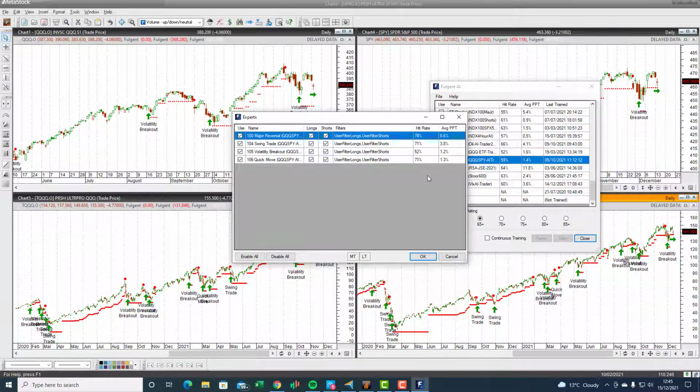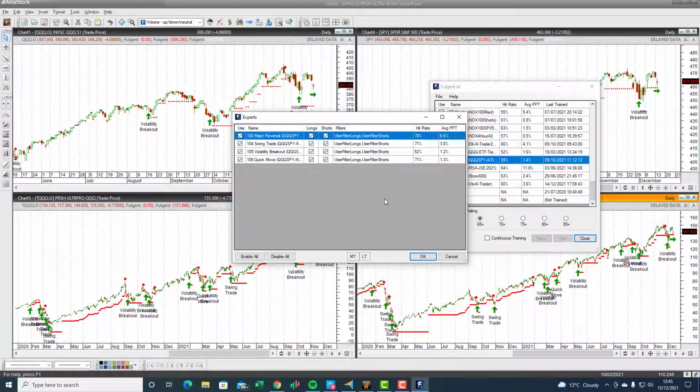The volatility breakout is about 52% accurate, with a 1.2% average profit per trade. The quick moves ETF trader is 71% accurate, with a 1.3% average profit per trade, both long and short. So the long gets diluted by the short, basically the returns, but nevertheless fantastic high probability trade setups that we're looking for in the indices.